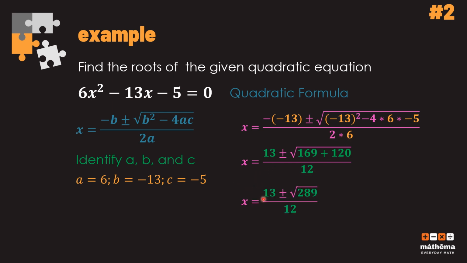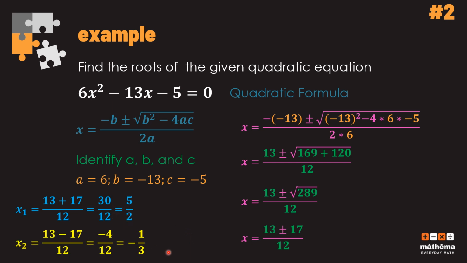We will simplify further. 169 plus 120 will give you 289. And then, extracting the square root of 289, you will get positive or negative 17. The same as what we did earlier, if this is positive 17, we will have 13 plus 17 over 12, which is equal to 30 over 12, or 5 over 2.